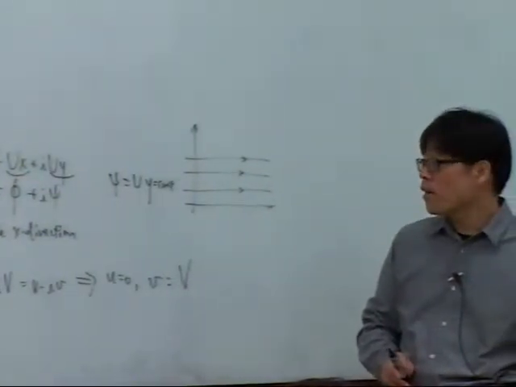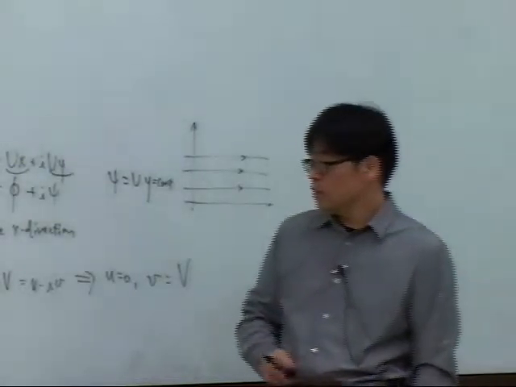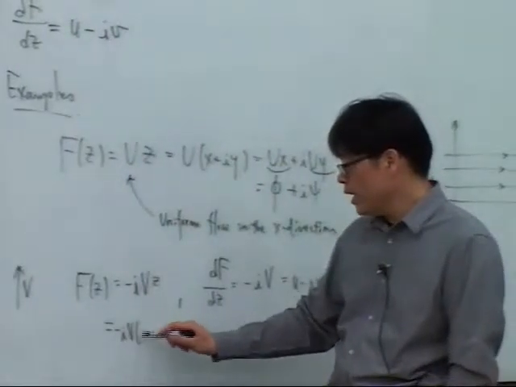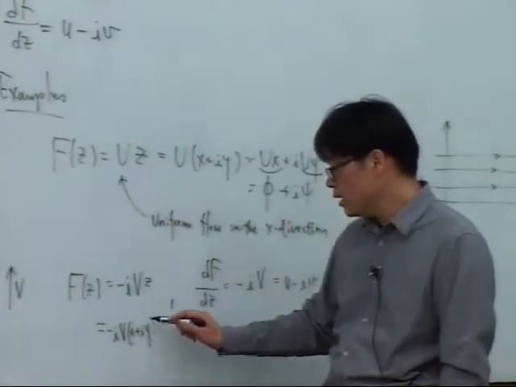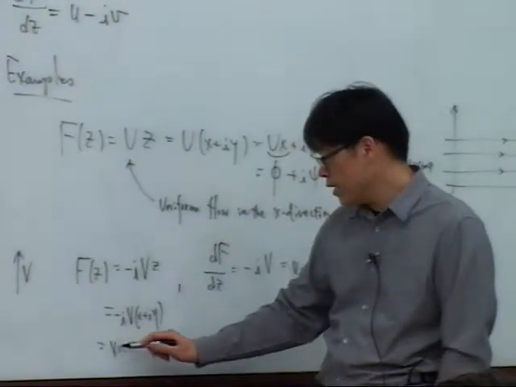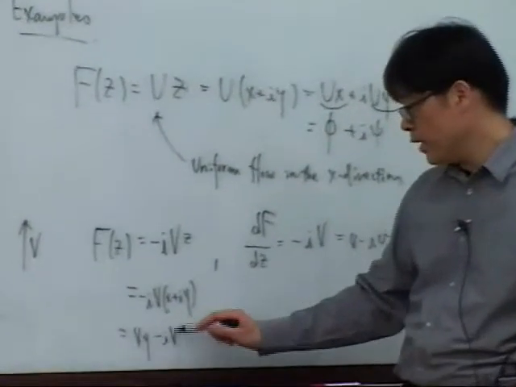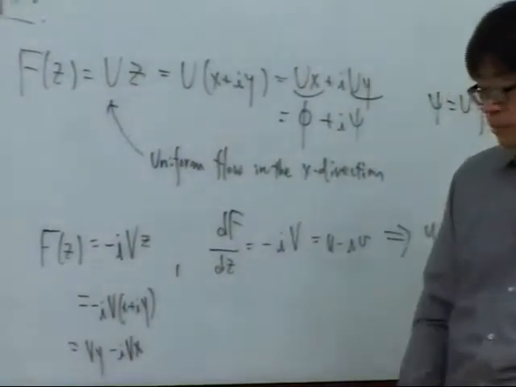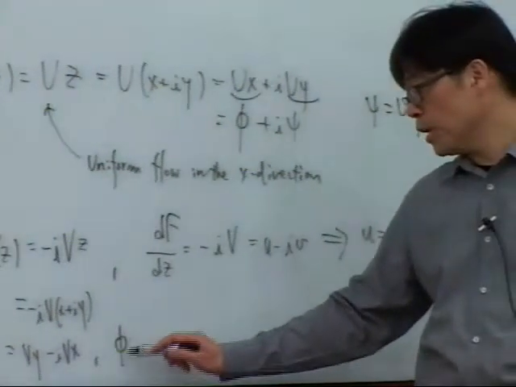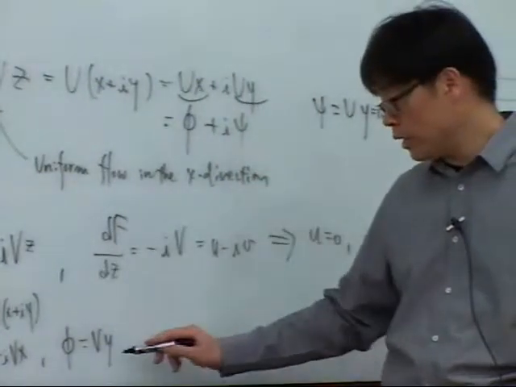Once again, this one gives you minus iV times x plus iy. So the real part is Vy, which is phi, minus iVx. So the velocity potential is Vy, as we expect, because we are looking at the flow in the y direction.